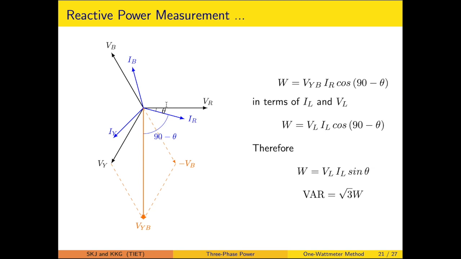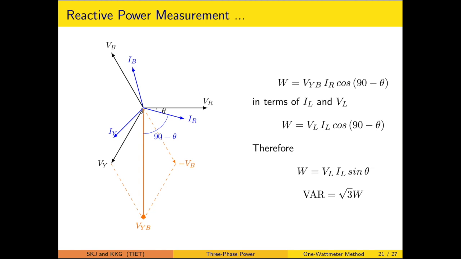Whatever is marked with the black and the blue line represents the phase voltage and the phase currents. The wattmeter is connected with IR, and the voltage between Y and B, so it is measuring VYB.